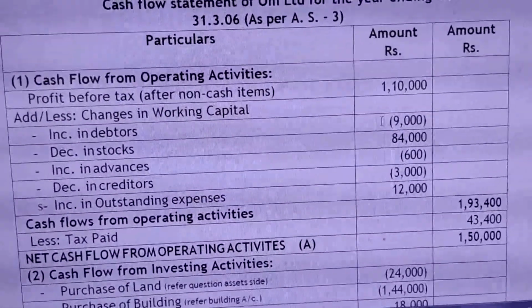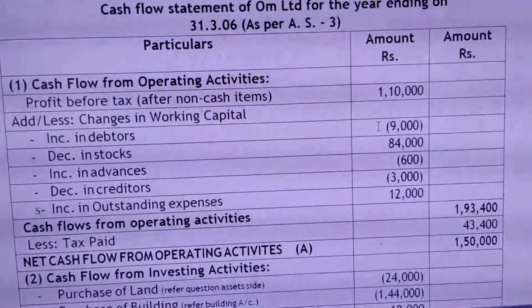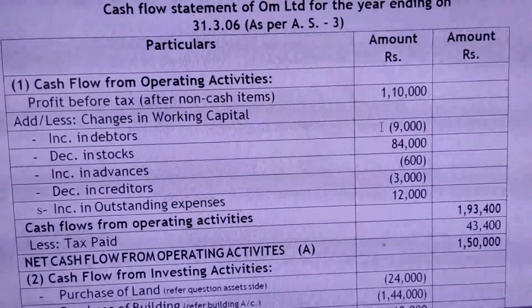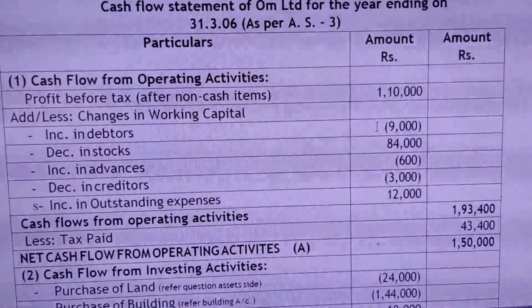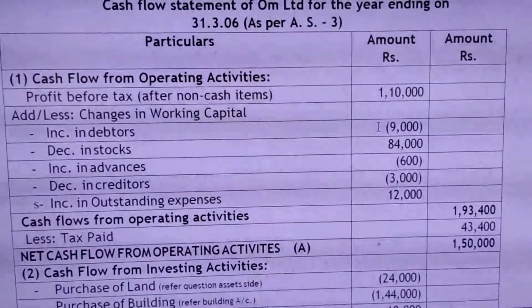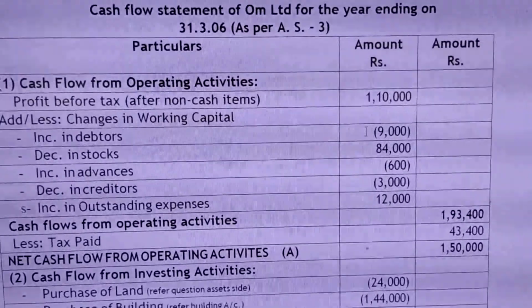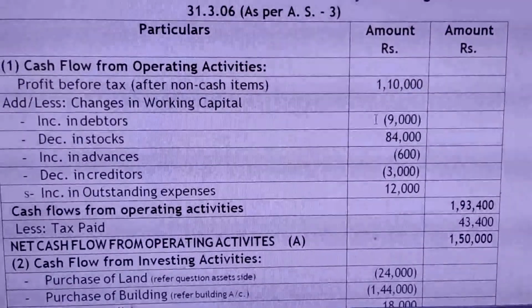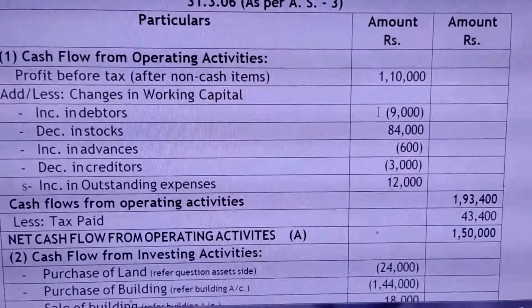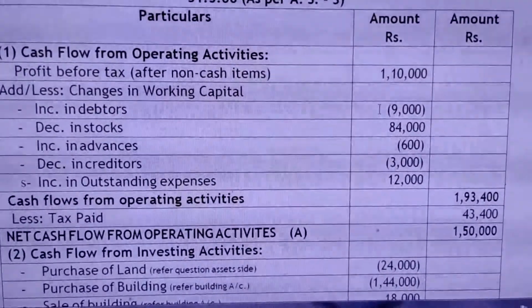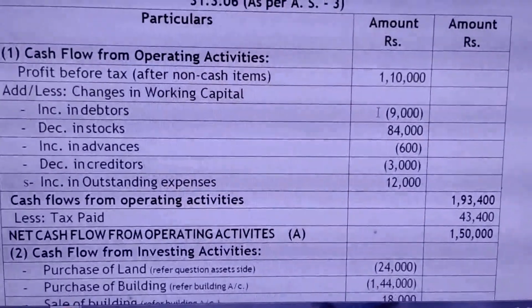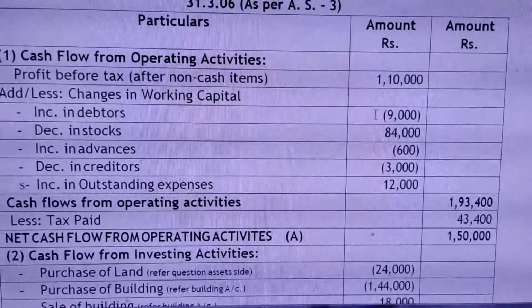If debtors increase, that is a cash outflow. Okay, debtors increase means a negative balance, the cash is not yet collected so far. So the increase in debtors is an outflow of cash that will be given in that bracket. Then increase in advances 600, again it is a cash outflow.